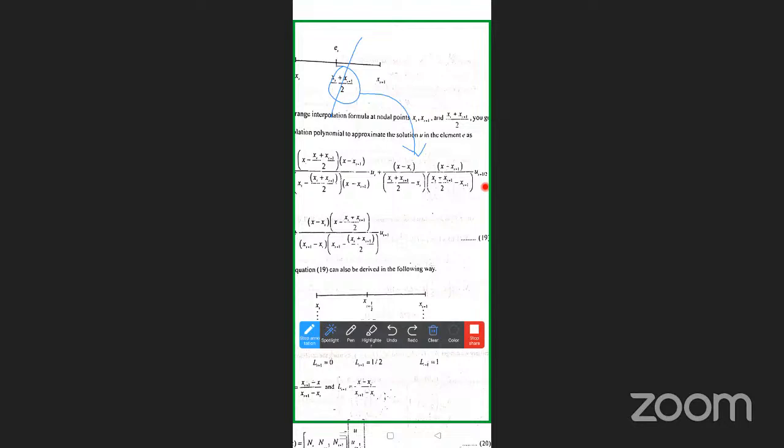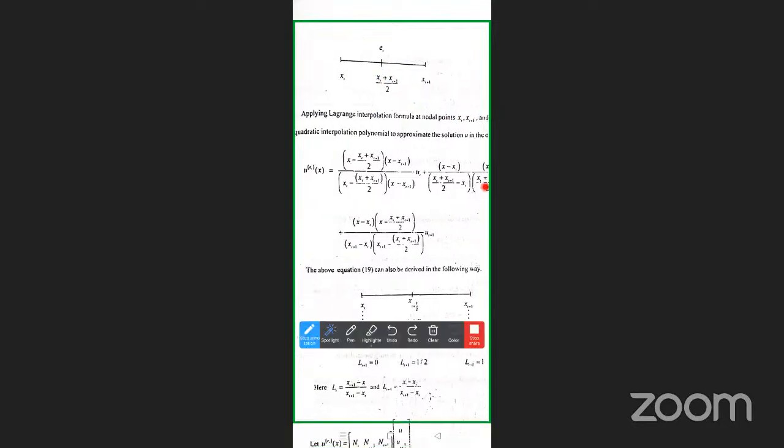Next, the last term. Here we leave out the third term. So that is x minus xi into x minus xi plus 1 divided by 2.